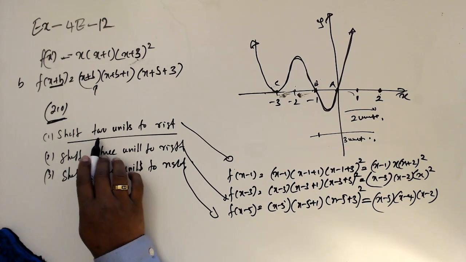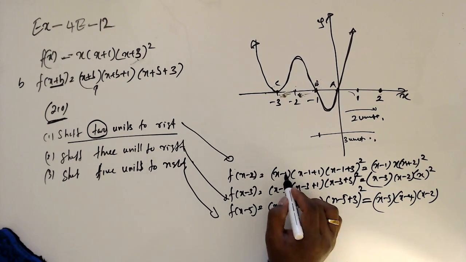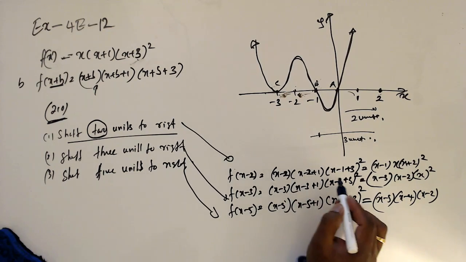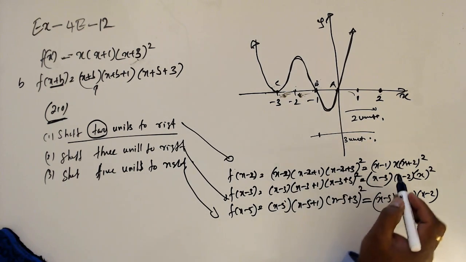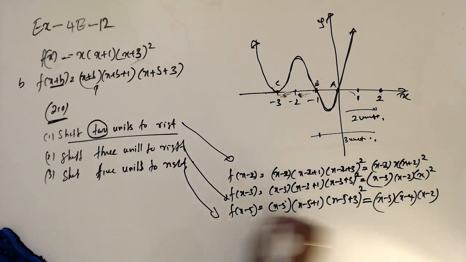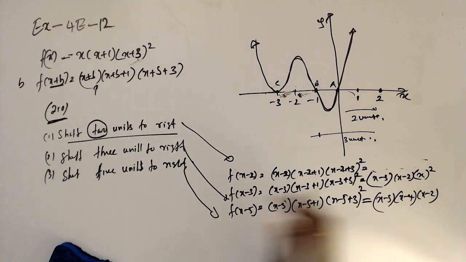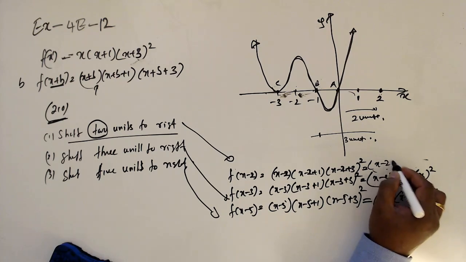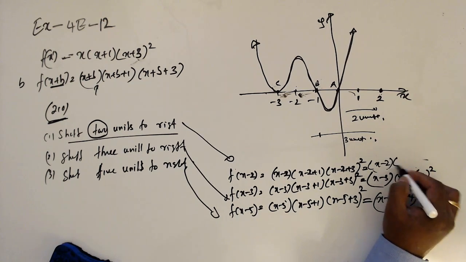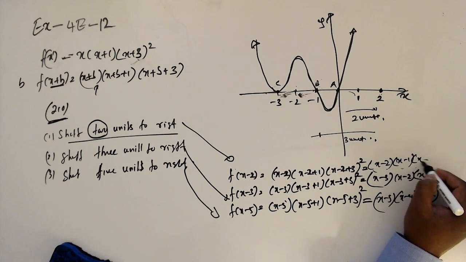Actually, in here, this is 2 units. It shall be x minus 2. So this is going to be (x minus 2), (x minus 1), and (x plus 1).